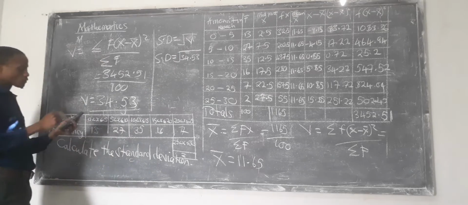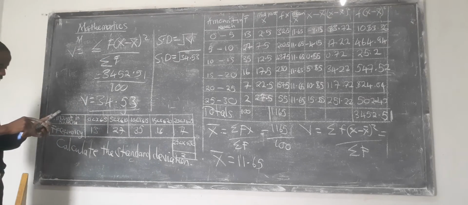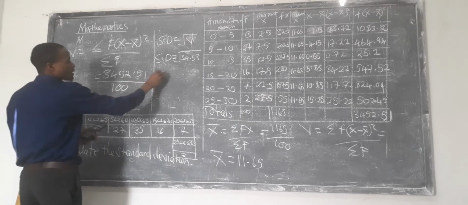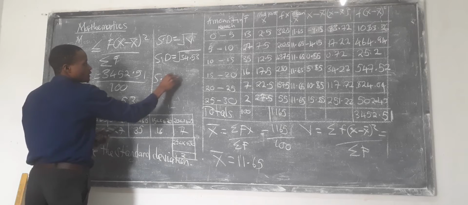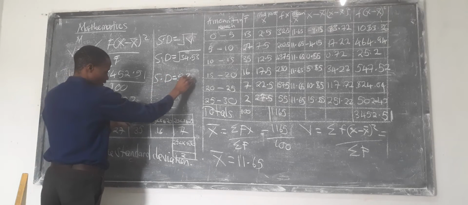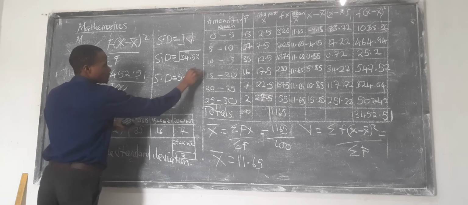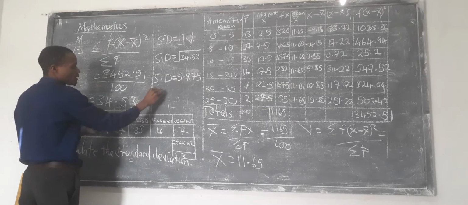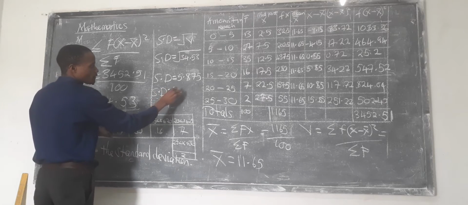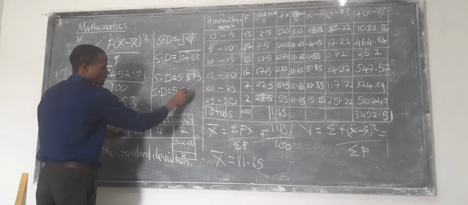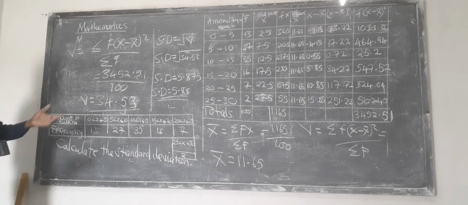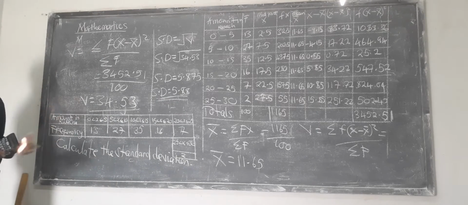Finding the square root of that, we get 5.875, so SD is equal to 5.88. That's how we find the standard deviation, the variance, and the mean of grouped data.